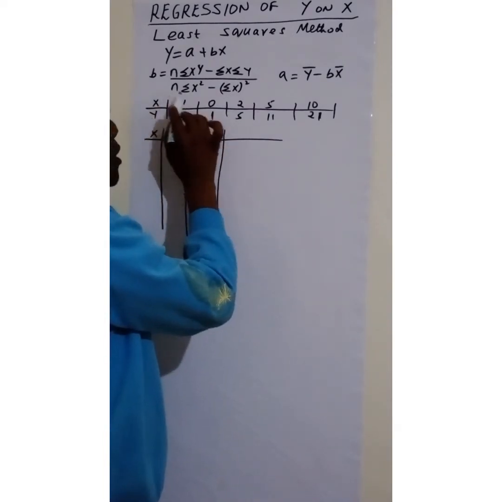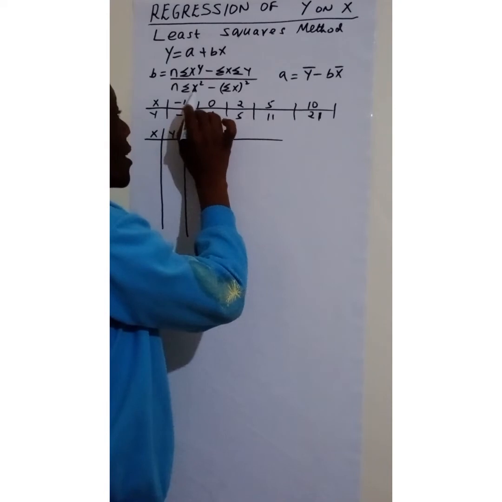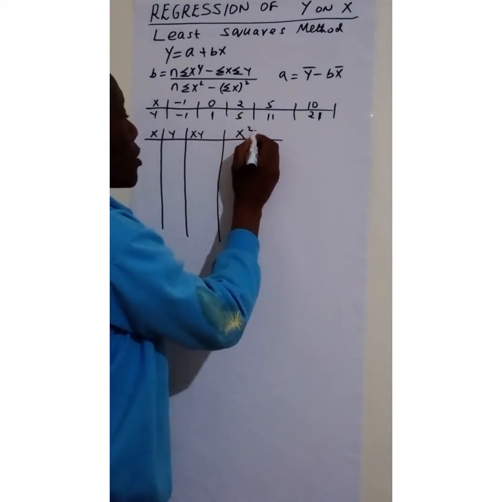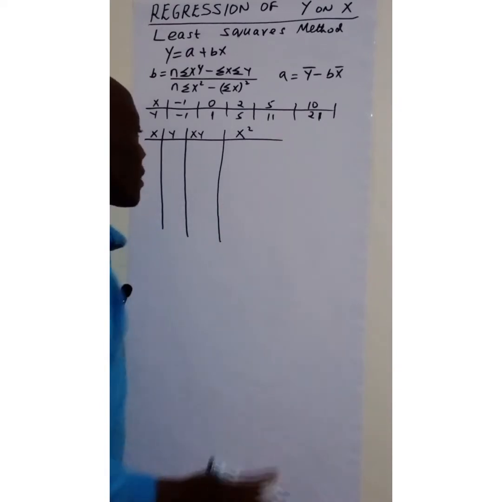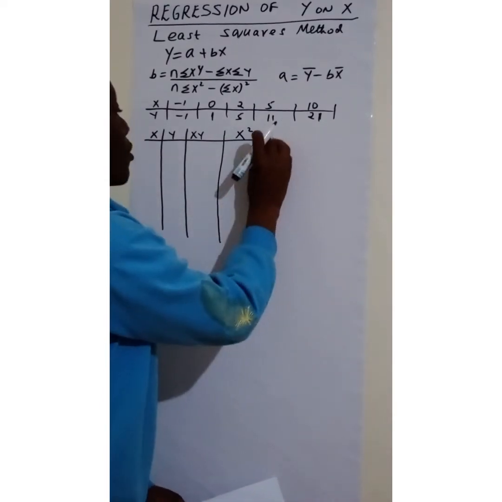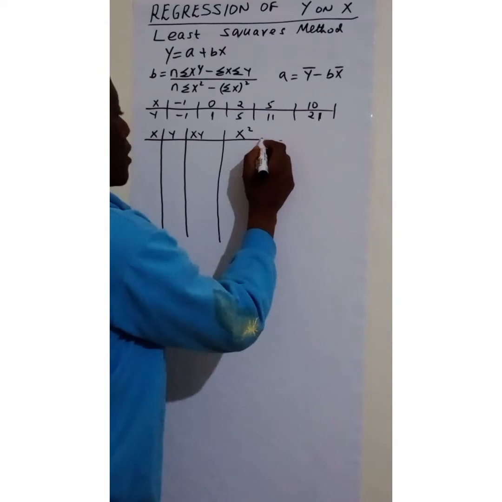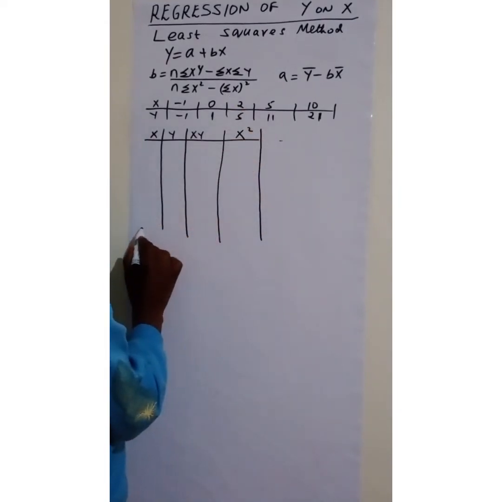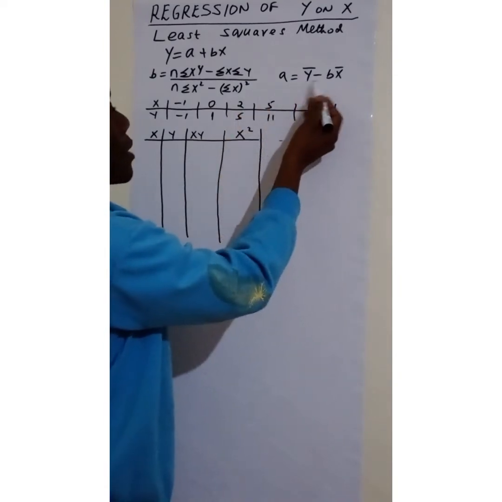We also need summation x squared, the total of column x squared, so we need column x squared. Those are the columns we need, because the totals we shall get down here will be used in the formulas, and these are the means.